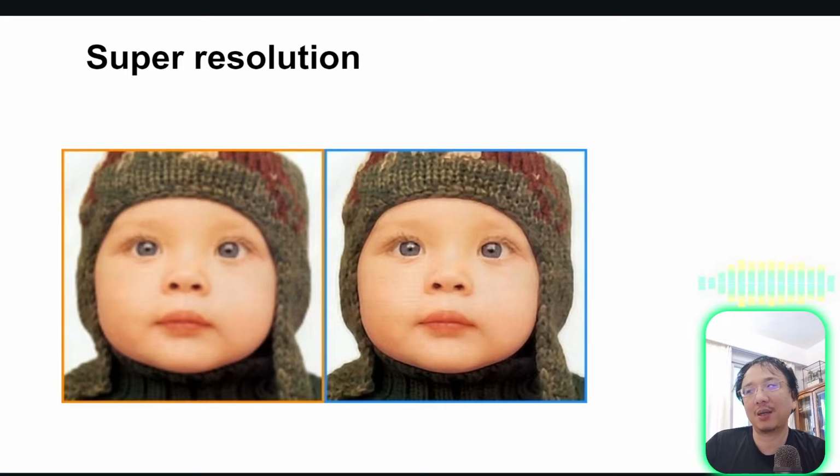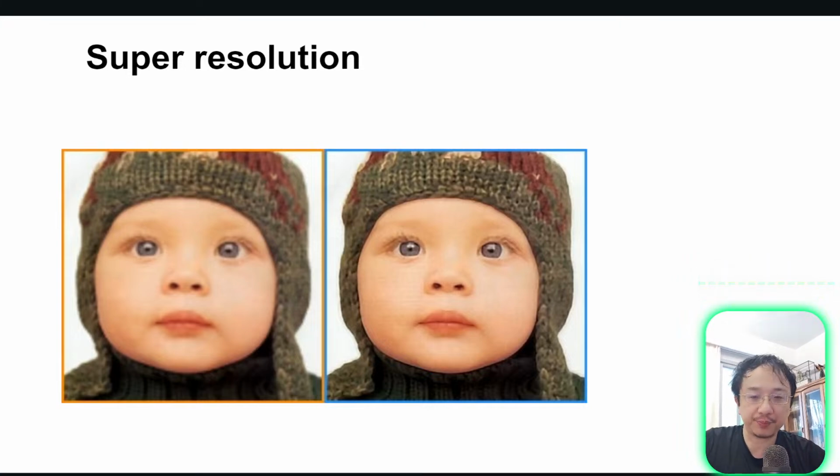Even 10 years ago, if we wanted to do fast super resolution, we would probably do something like SRCNN. I forgot the exact name, but things like that. You train it with machine learning by giving a lot of datasets, and you train a model to do the super resolution.